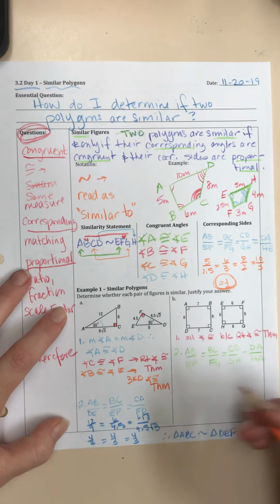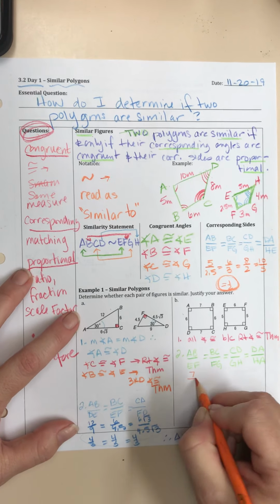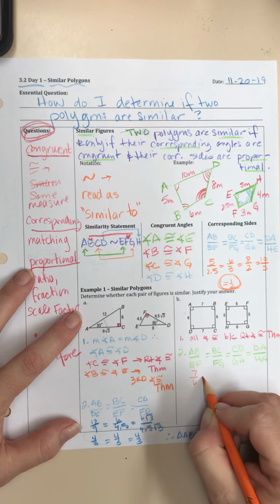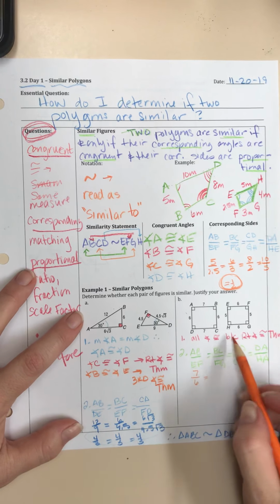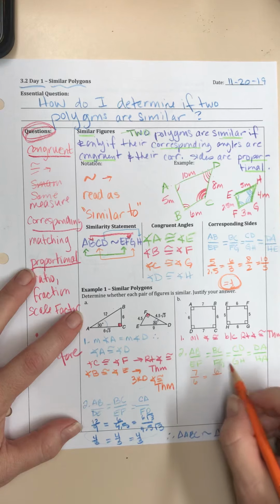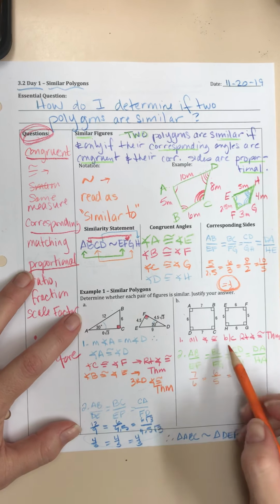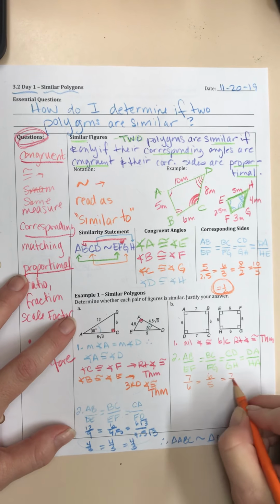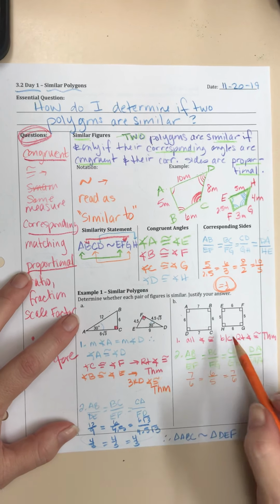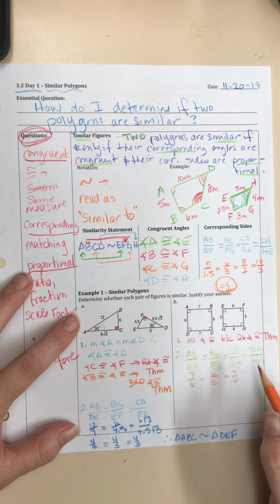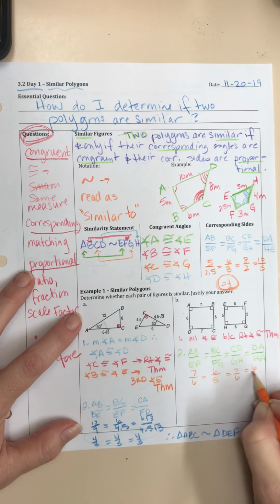So then we go plug that in. AB is 7 over 6. BC is 6, FG is 5. There's already a problem there, but we're going to keep going. CD is 7 over 6. Okay, that takes us back here. And DA is 6 over 5.